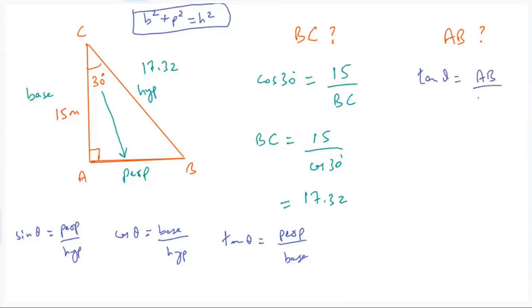Base is 15 in this case, so tan of 30 degrees is equal to AB over 15, और यहां से हमारे पास AB की वैल्यू आ जाएगी, that's 15 times tan of 30. You just find this out from your calculator.